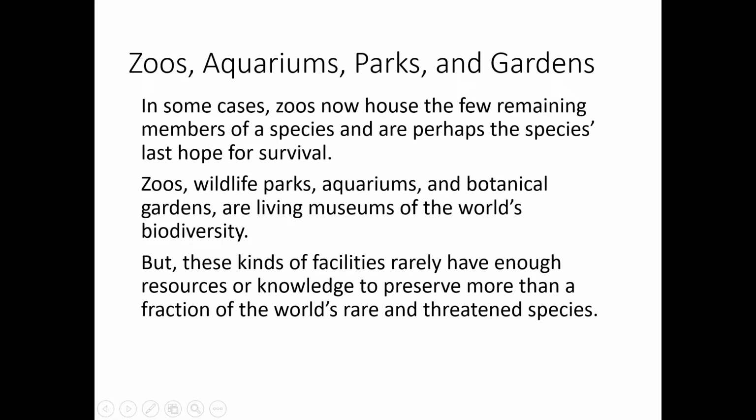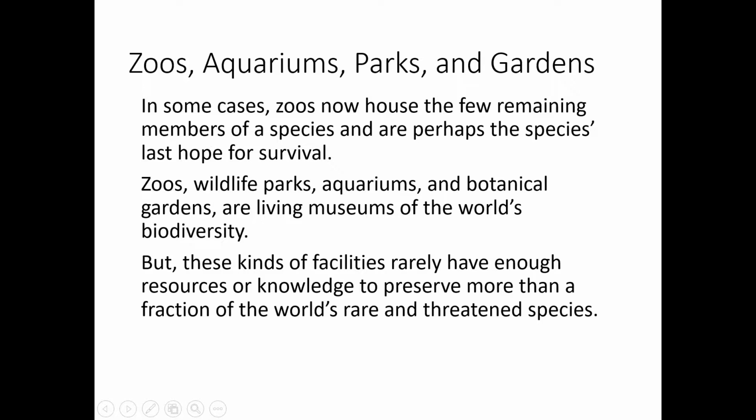Going back to the idea of the single species effort is the idea of zoos, aquariums, parks, and gardens. These are useful because plants and animals are fun to look at. People like going to zoos and seeing the different types of animals, or going to aquariums and seeing the different types of fishes.